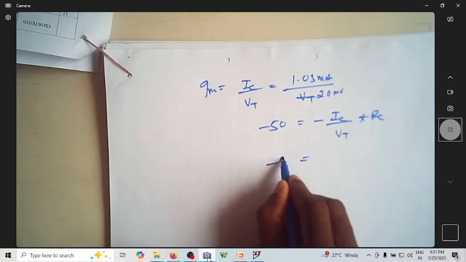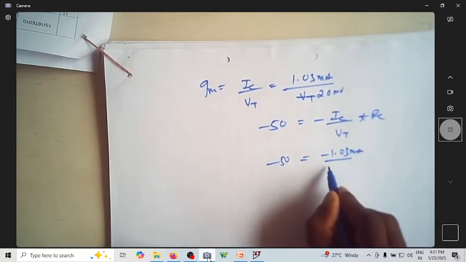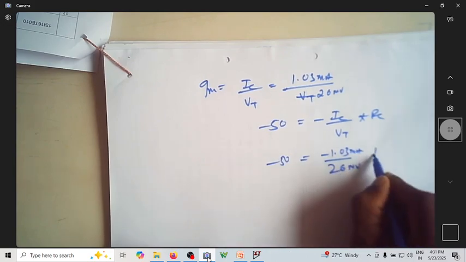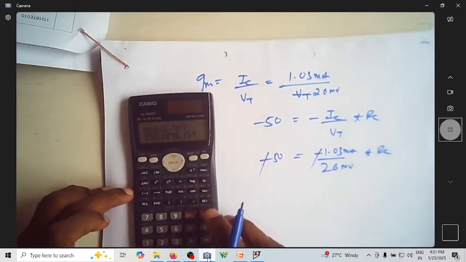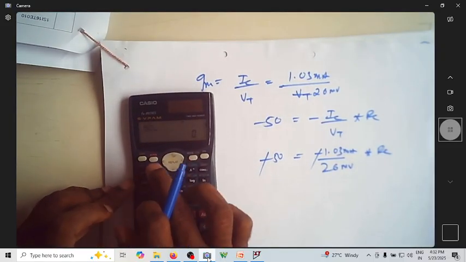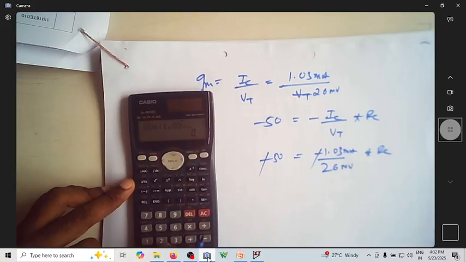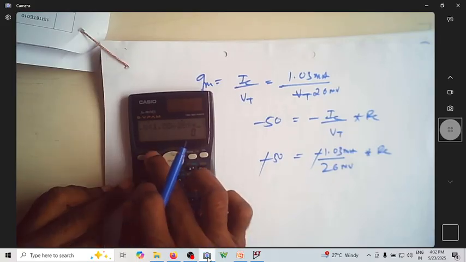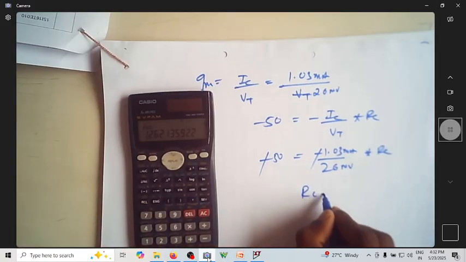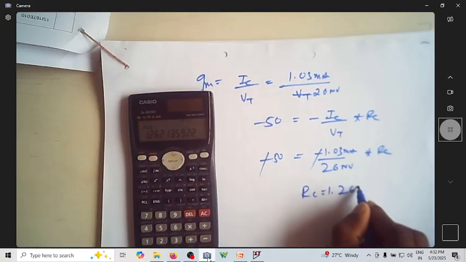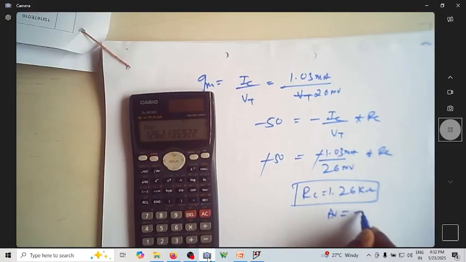So minus 50 equals minus 1.03 milliampere by 26 millivolt into Rc. The minus and minus will go off. Solving, Rc is equal to 1.26 kilo ohm. I will get a gain of minus 50.